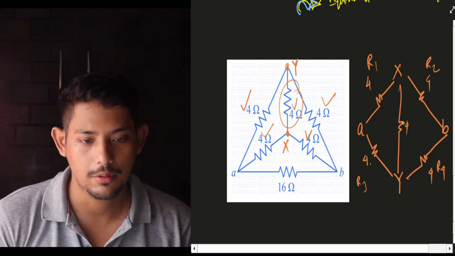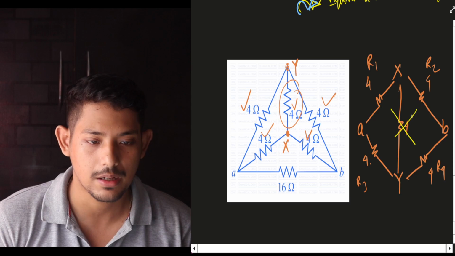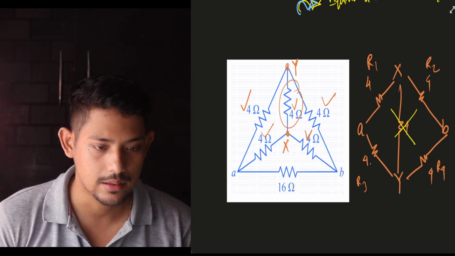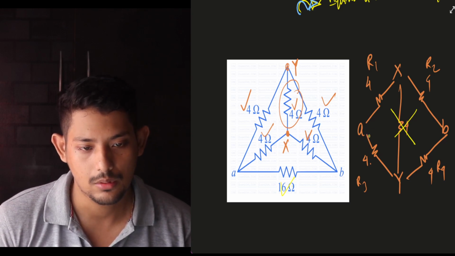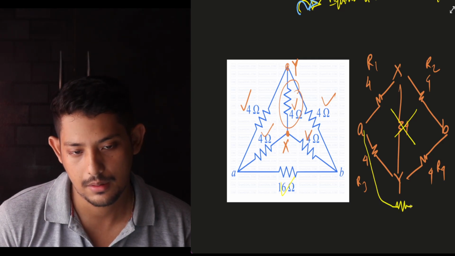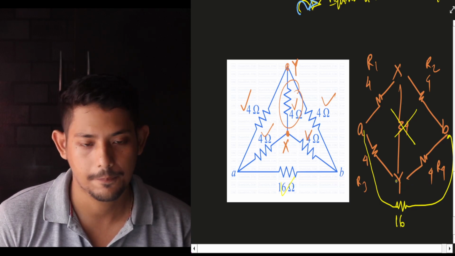So will there be any current across this resistor? No. So this resistor effectively becomes useless. Then there's another resistor, 16 ohms across A and B. I'll try to draw it like this. Then this is 16.